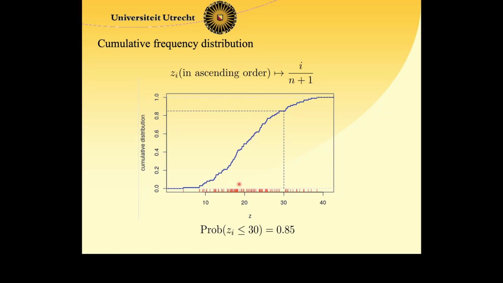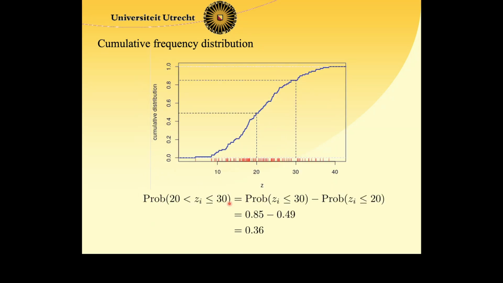So from this, we can easily already say the probability that z is smaller or equal than 30 can be read from this curve, which is 0.85 in this case. So that's the cumulative frequency distribution.